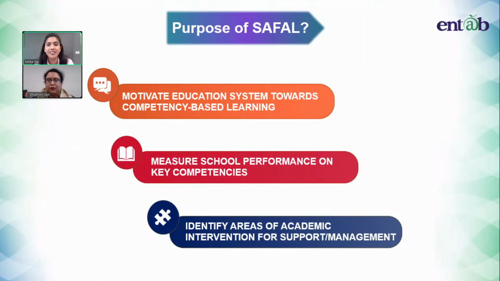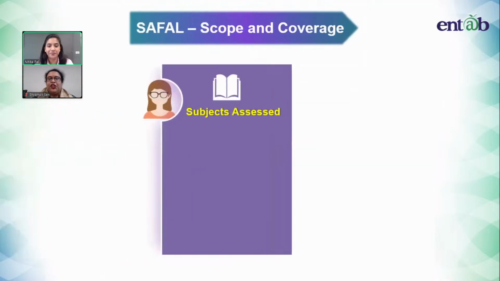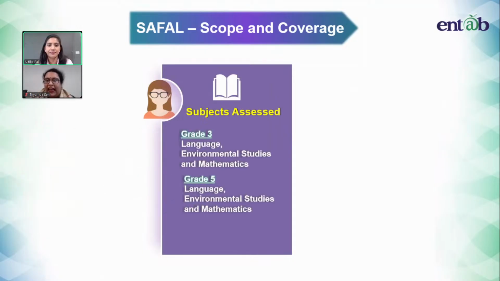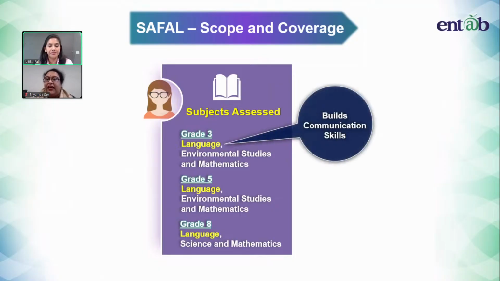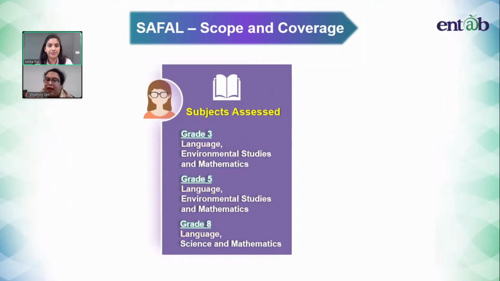Let's now discuss the scope and coverage of SAFAL. Just as SAFAL selected grades 3, 5 and 8 as we just discussed, it has selected a few important subjects as well for the assessment from these particular grades. At grades 3 and 5, it assesses language, environmental studies and mathematics.